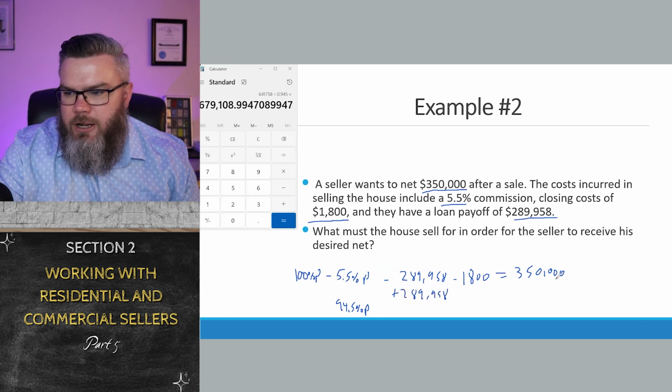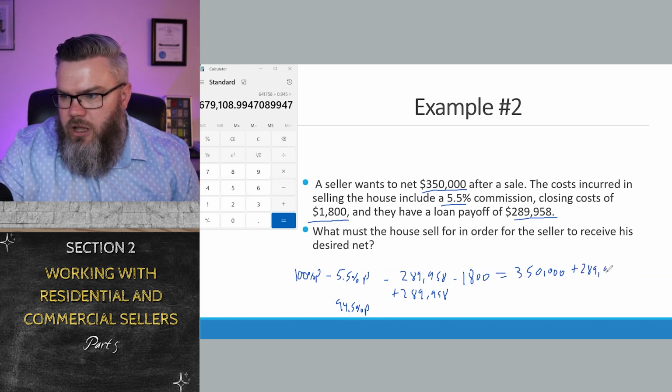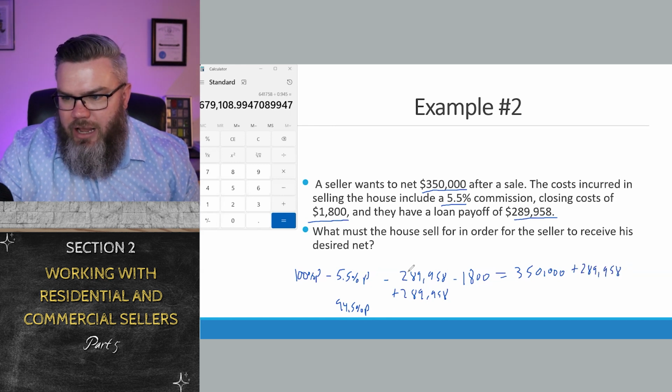Add 289,958 to this side. Add it to this side, 289,958. And that negates right here. Add 1,800 to this side. Add 1,800 to this side. That negates right here.